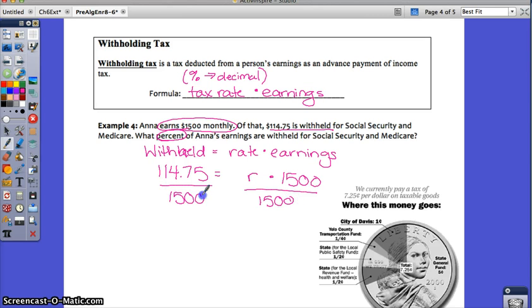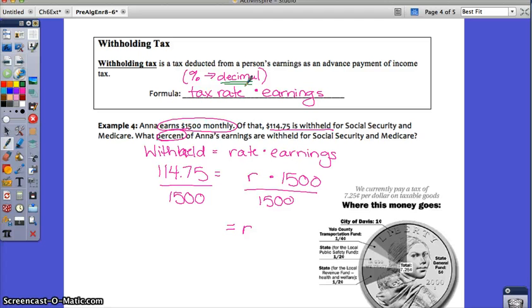Use your calculator. Now remember, when you get your rate it will be in decimal form. So you're going to have to make it a percent afterwards. Anytime you plug a percent into an equation, it's in decimal form. So if we want the percent answer, we'll have to convert it at the end.